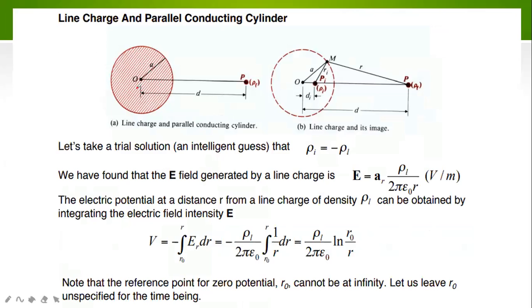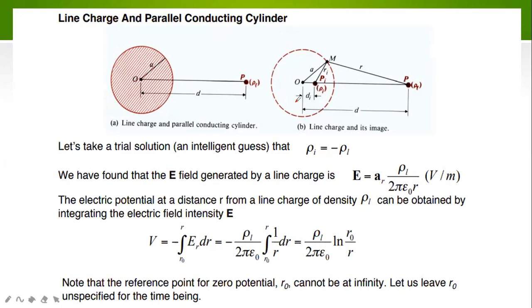Okay, another one: line charge and parallel conducting cylinder. We have talked about one plane, we have also discussed two planes, and we have also discussed the sphere. Now we will discuss the conducting cylinder. We have a conducting cylinder and a line charge.